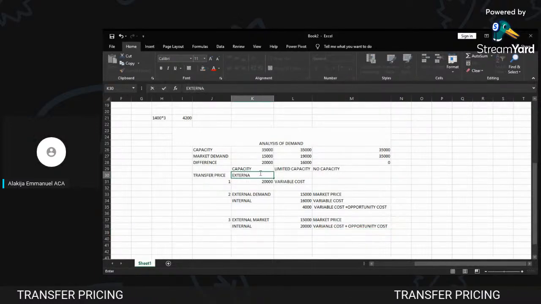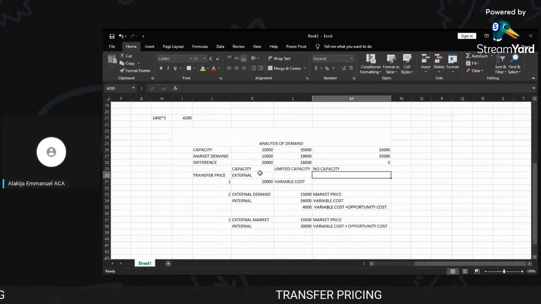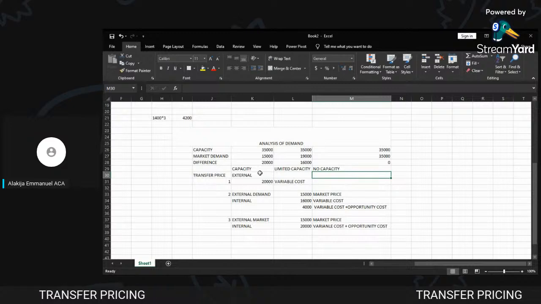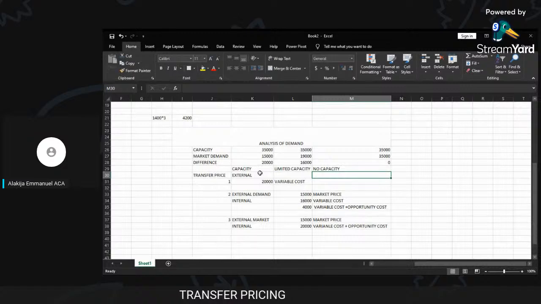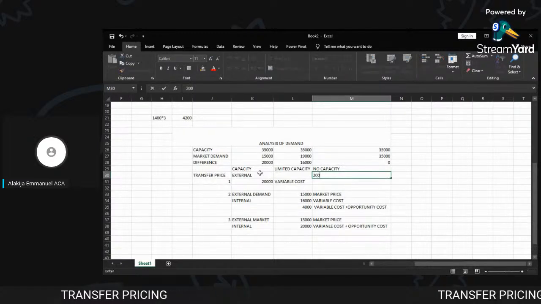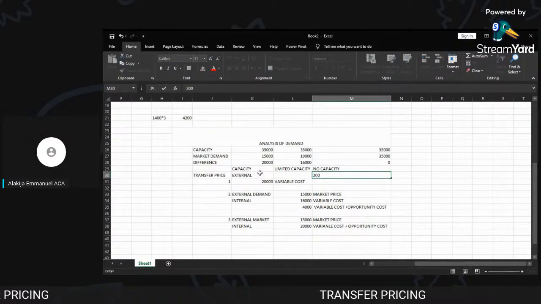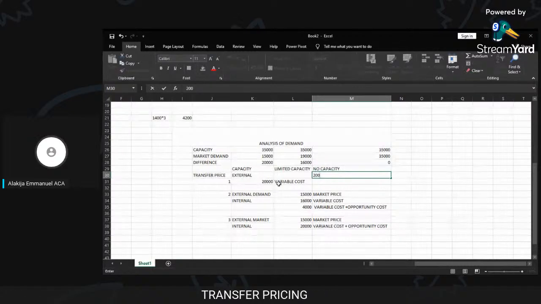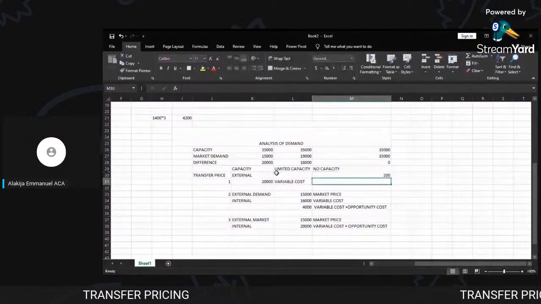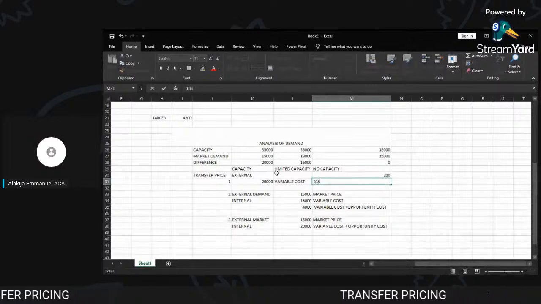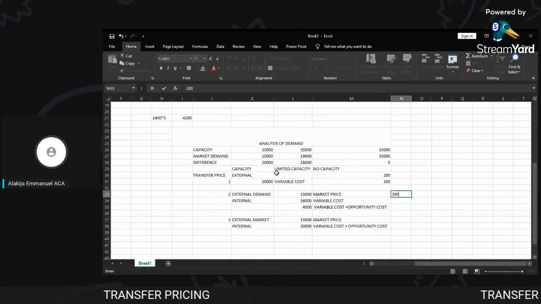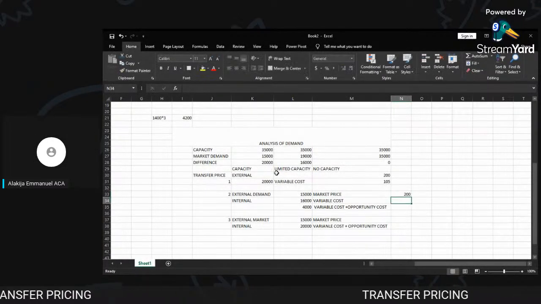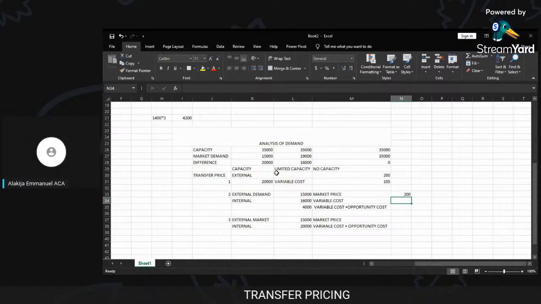So external here is going to be at 200. Then variable cost is 105. Then for this one, it's going to be at 200. Then 16,000 of it is going to be at 105.